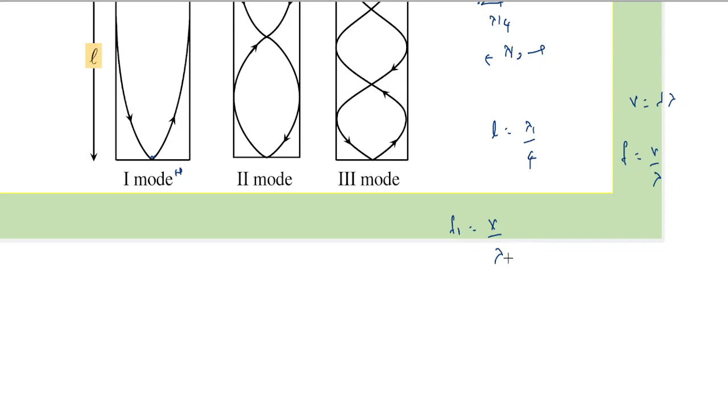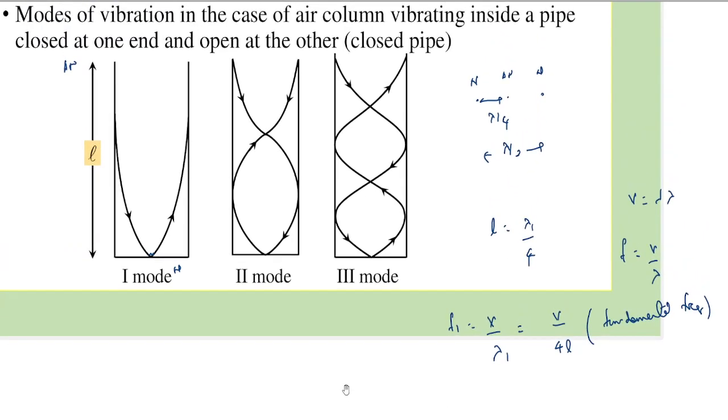So f1 is equal to v by lambda 1. Lambda 1 is 4 times L, so f1 is equal to v by 4L, called the fundamental frequency.